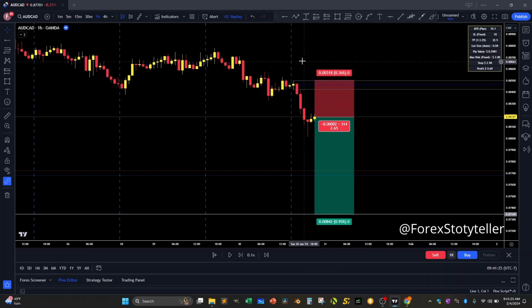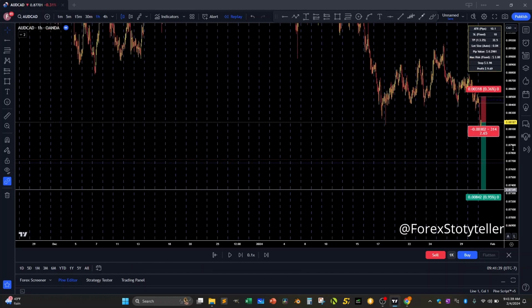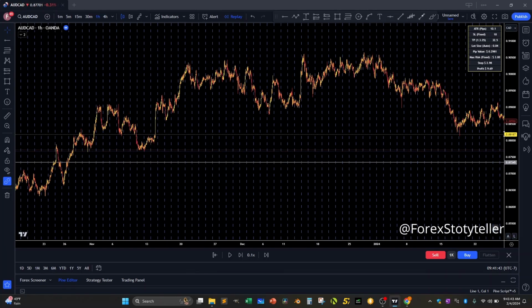So let's first take a look at what we have as a basic way of trading, and that's where you just use a standard stop loss. You're going to try to do a trade like this. So maybe you're looking at the overall picture of things on the hourly and you're thinking, all right, this has been in a downtrend.